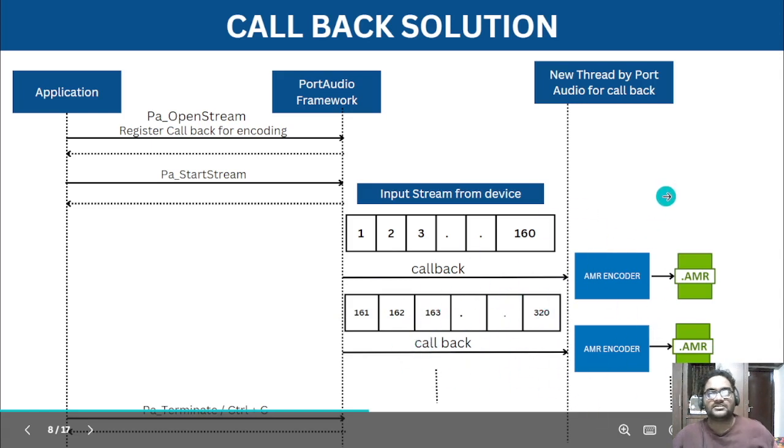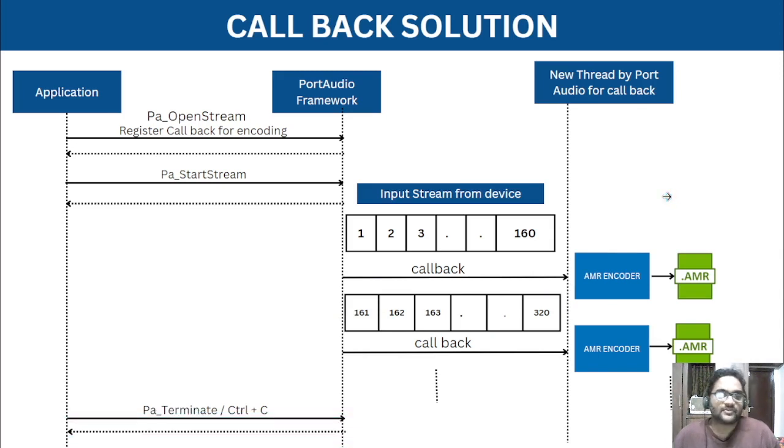Okay, so let me quickly recap. To avoid the loss of data, we are going for a callback solution where the application opens the stream and registers the callback. Once you start the stream, for every 160 samples, the callback mechanism gets triggered, encodes these 160 samples and writes them to the AMR file.